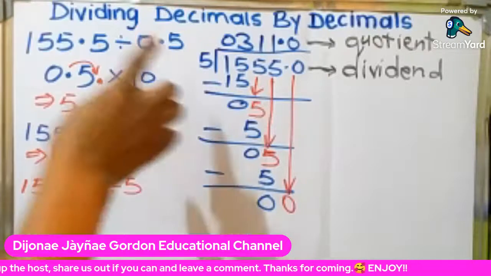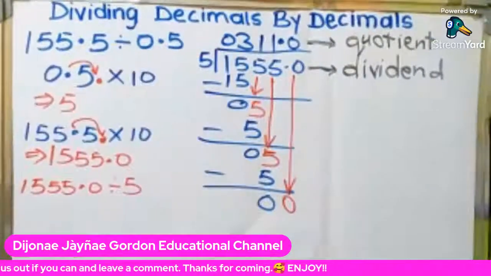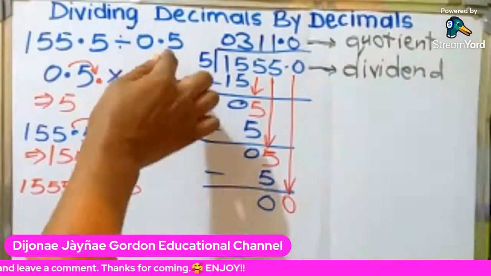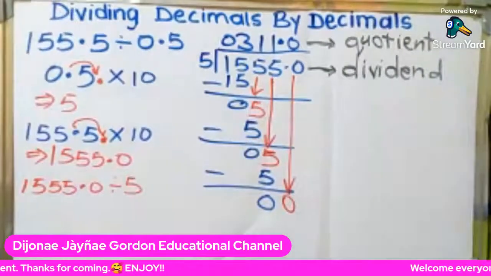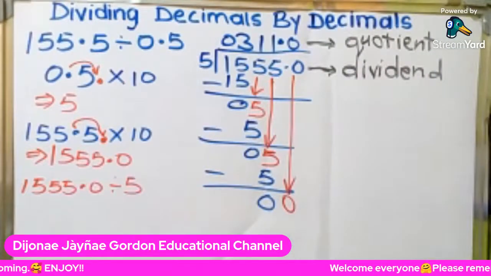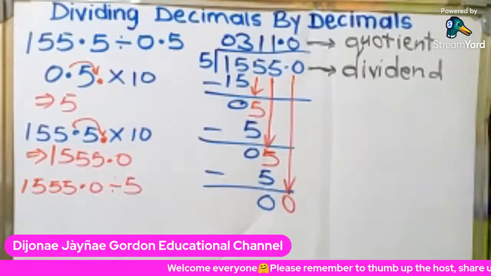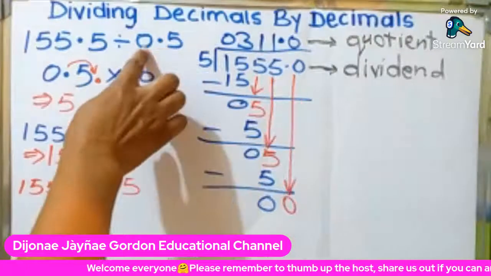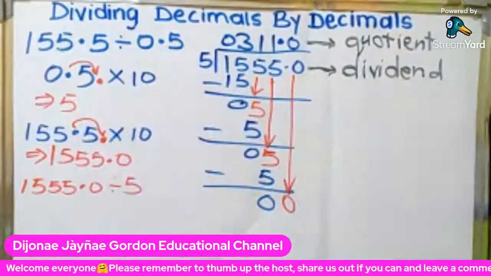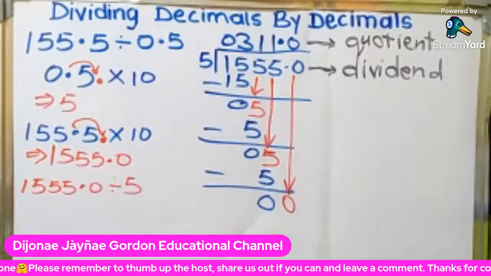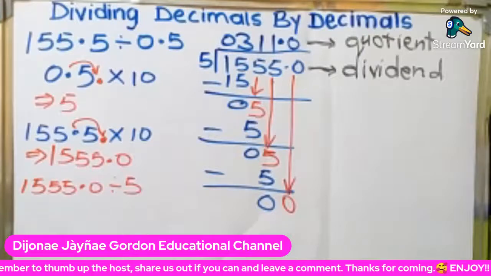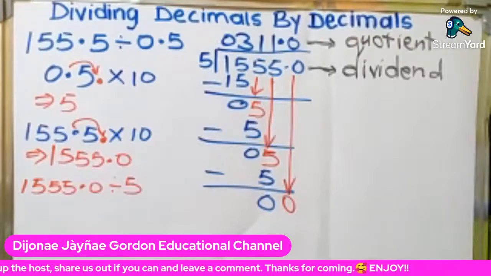If it is 2 digits after, you multiply by 100. If it is 3 digits after your decimal place, you multiply by 1000. So the amount of digits that you have after your decimal place in your divisor tells you what to multiply by. All right? So I hope this was useful.